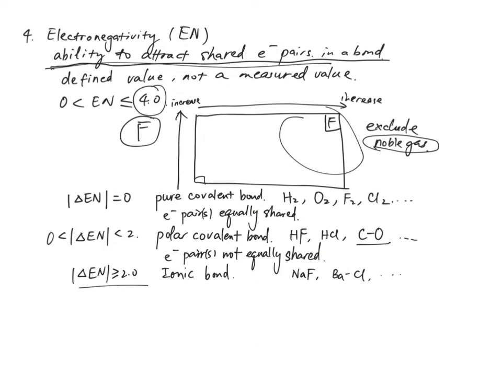But the explanation of each is slightly different, and we also know that two of them, ionization energy and electron affinity, are measured values, and electronegativity is a defined value. For electronegativity, we typically only use it to estimate what kind of chemical bonds we're making between two elements.